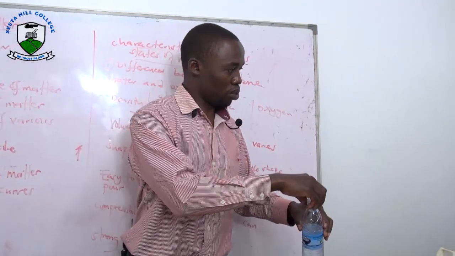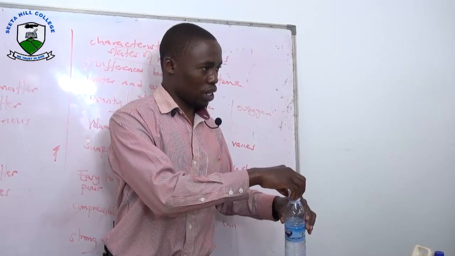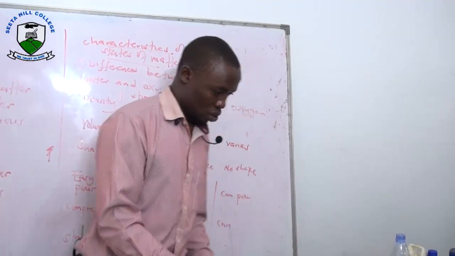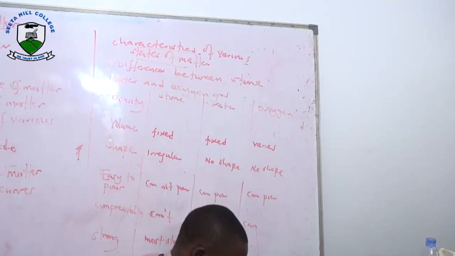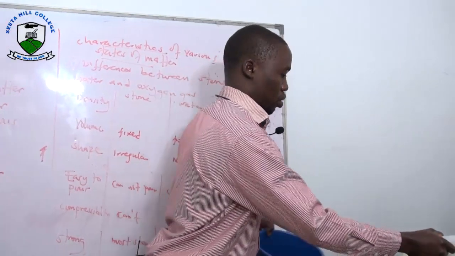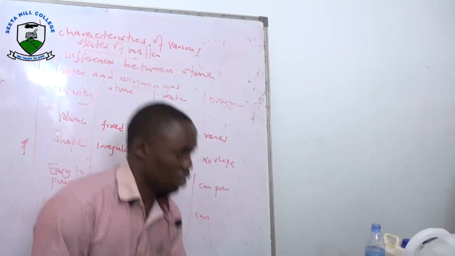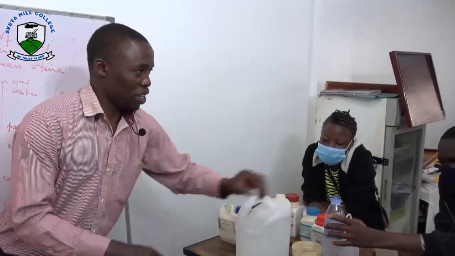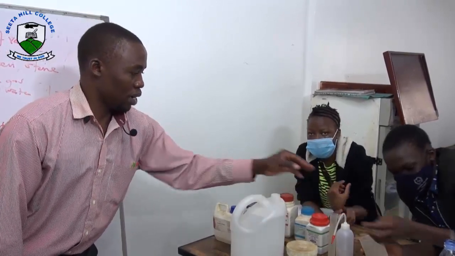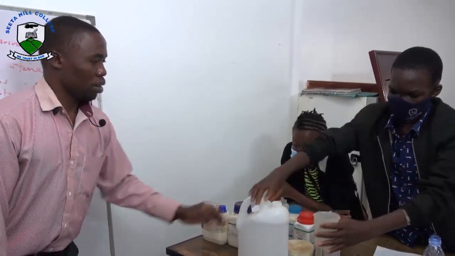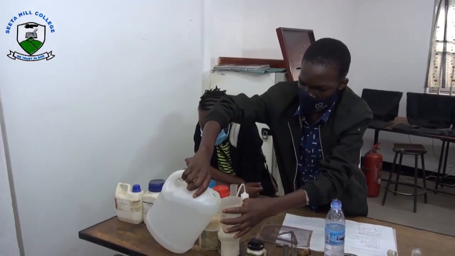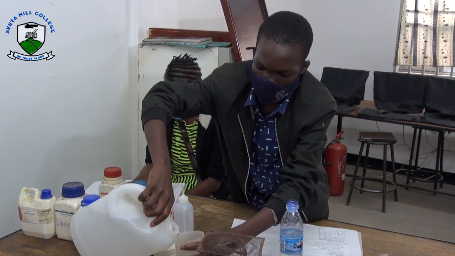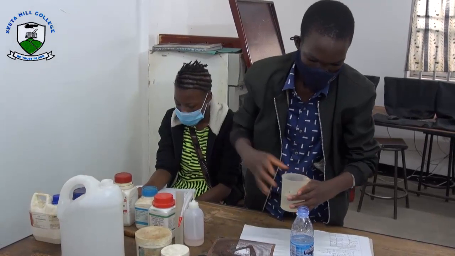In this water bottle, you'll fill it with water up to the brim, up to the top. Can use a beaker, one of you, use a beaker, Juko, fill to the brim, then after filling to the brim, you compress it, and also you empty it and compress it. Then we observe.